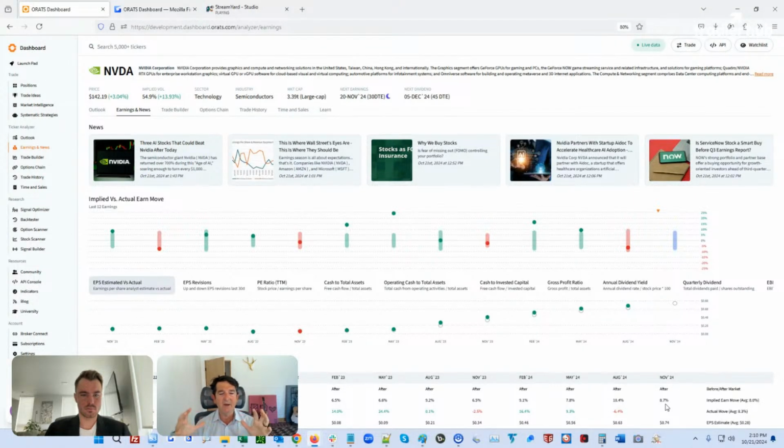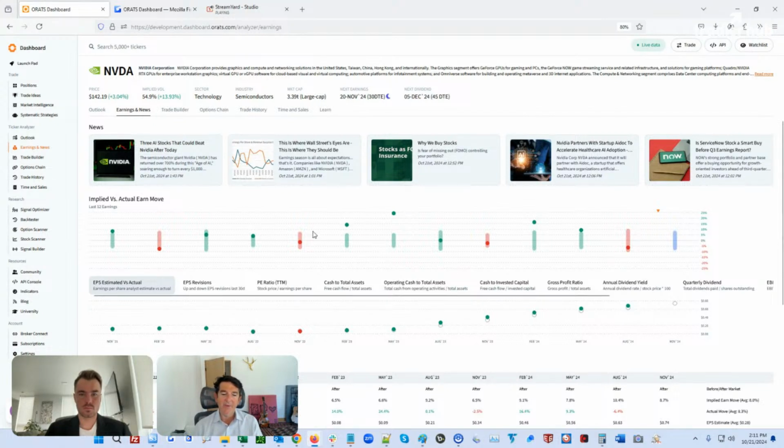So let me say that again. In the market currently, the implieds are much lower than the average actuals. This is kind of bucking the trend in the sense that this is generally higher than it's been and higher than the actual move.